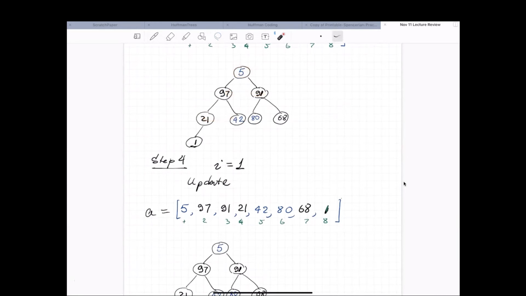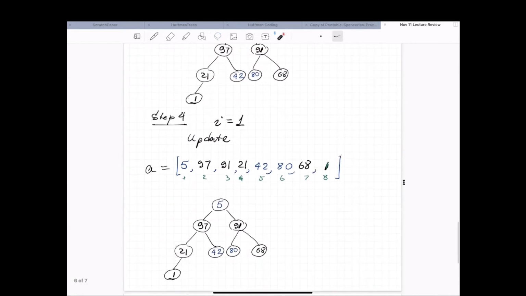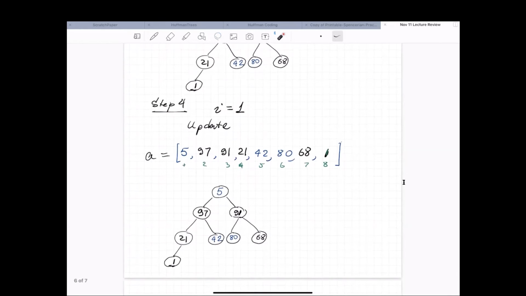Okay, so now 5, what's happening with 5? I'm glad you made the point that you were making, because 5 may go down a little further in this sink operation. So 5, who do I exchange 5 with? 97. With 97.